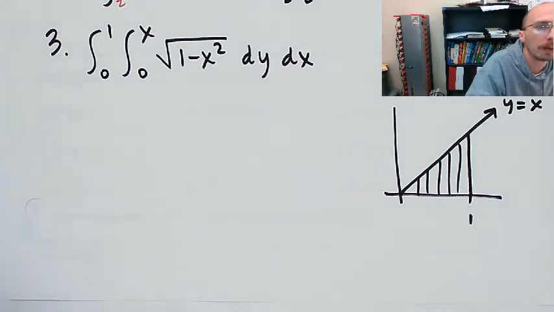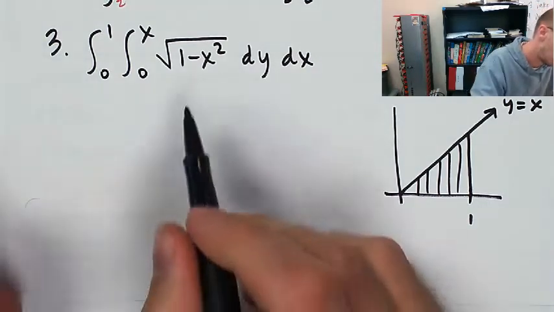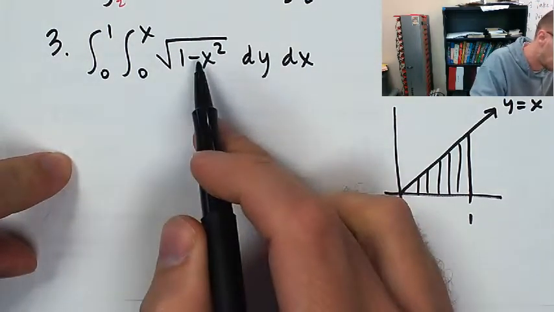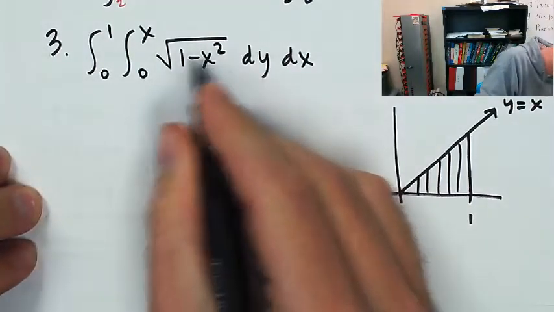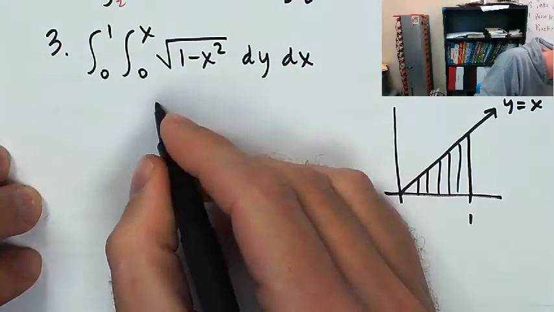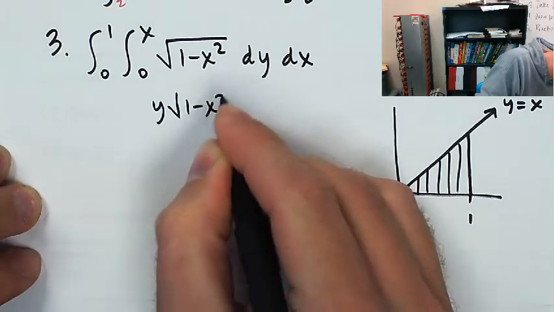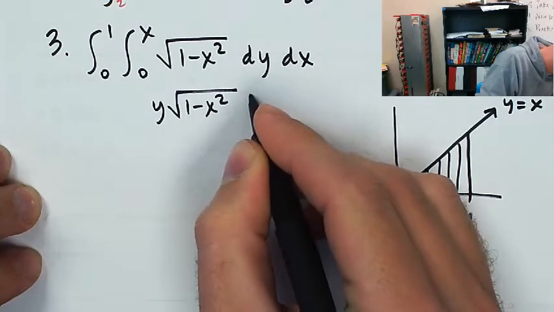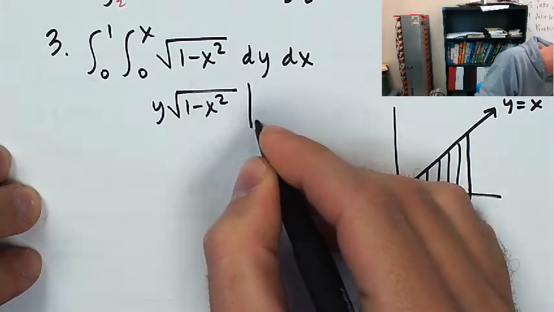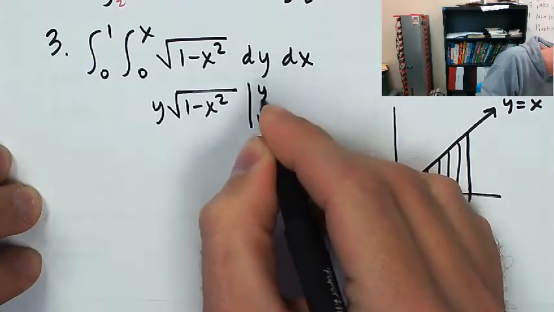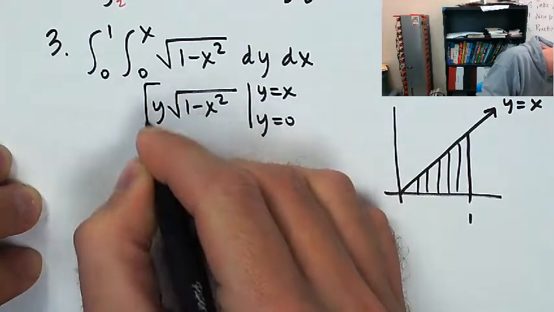All right, so I'm going to start by asking what's an antiderivative for this with respect to y? Well, it's just going to be y times that, because that's constant with respect to y. So I'll have y times the square root of 1 minus x squared as y runs from 0 up to x.